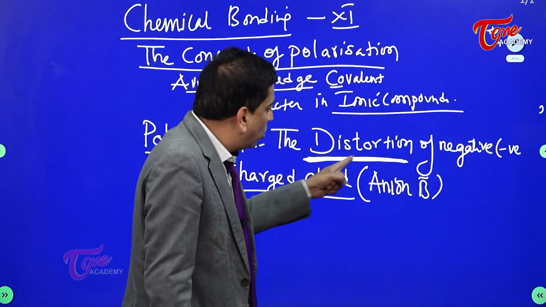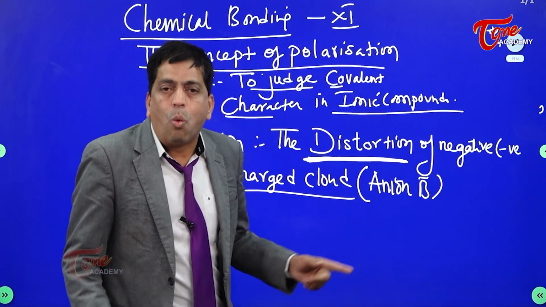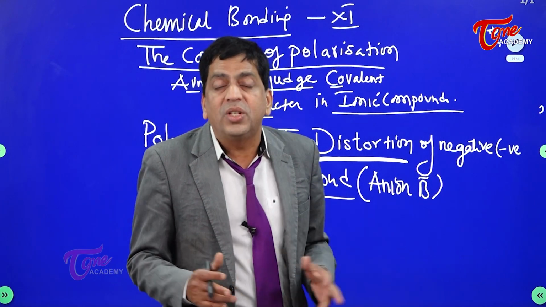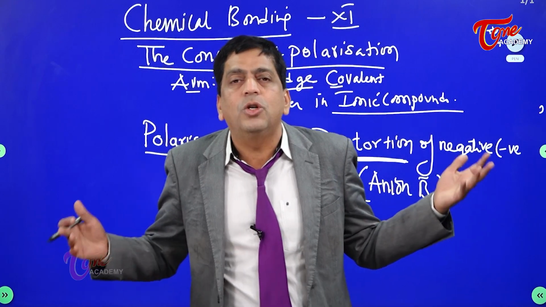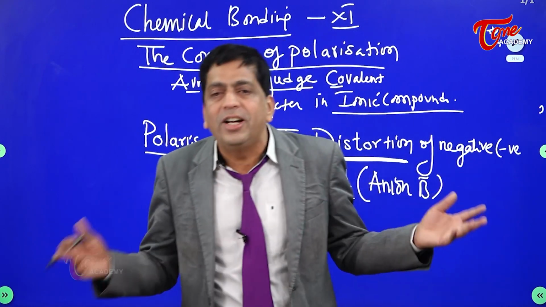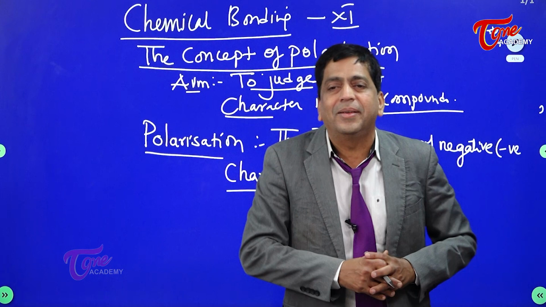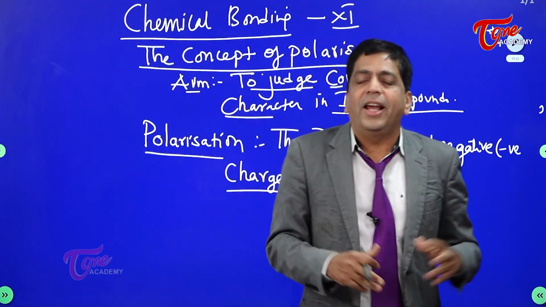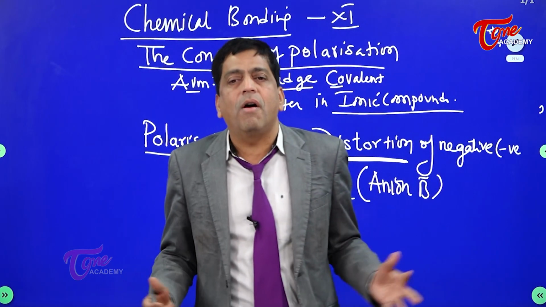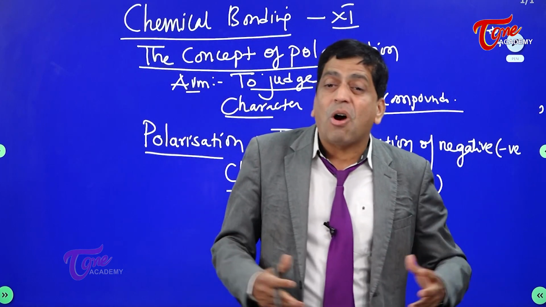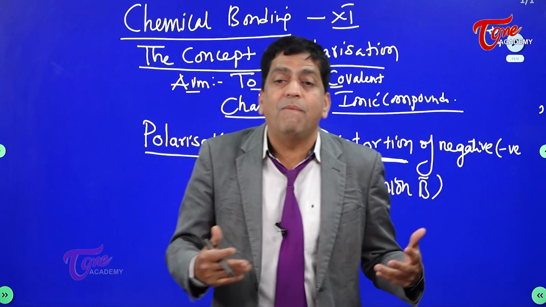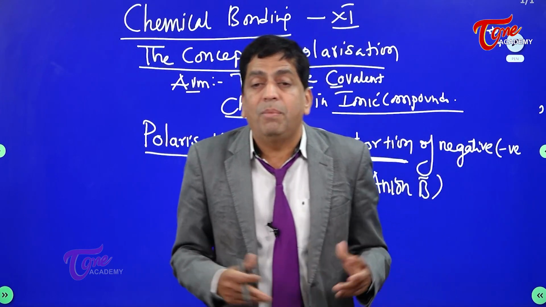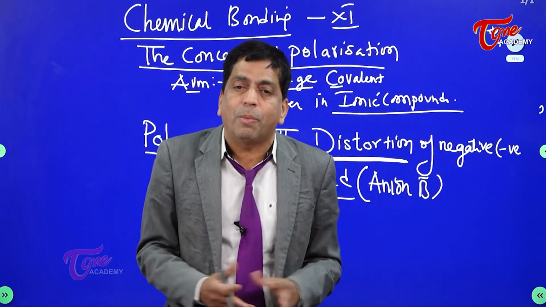So the distortion of the negative charge cloud, why is it getting distorted? Because the environment surrounding it has suddenly changed. Someone is coming towards you, you're getting distracted, distorted, you feel shy. It's common sense. The negative charge cloud or the anion is getting distorted on approach of someone. Who can the someone be? Well, negative ions are always approached by positive ions.